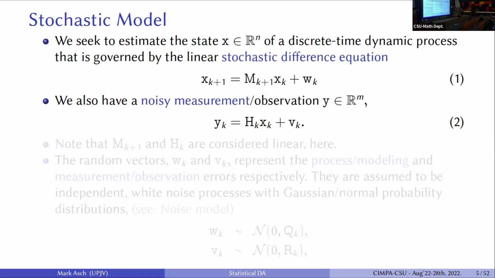So you can see that there's a simple Euler, first order difference approximation of the derivative, which gives me this classical difference equation. But now the difference is I have w_k here, and in the observation equation I have v_k. So what are w_k and v_k?